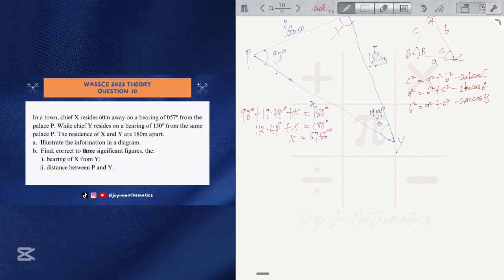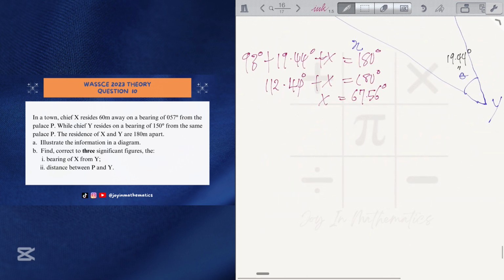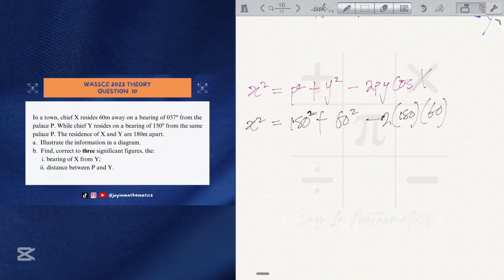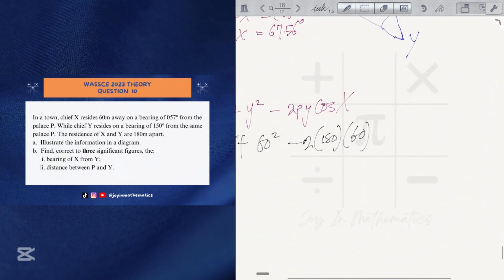So let's begin. Applying x squared is equal to p squared plus y squared minus 2py cos x. Now let's substitute our values. So we'll have x squared, p is 180, y is equal to 60, minus 2 multiplied by 180 multiplied by 60, and we're going to multiply this by cos 67.56 degrees.